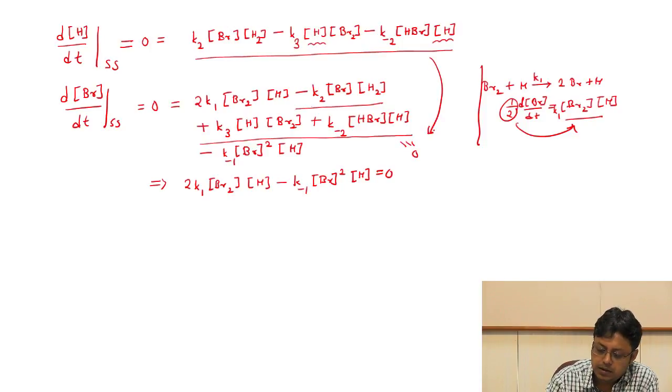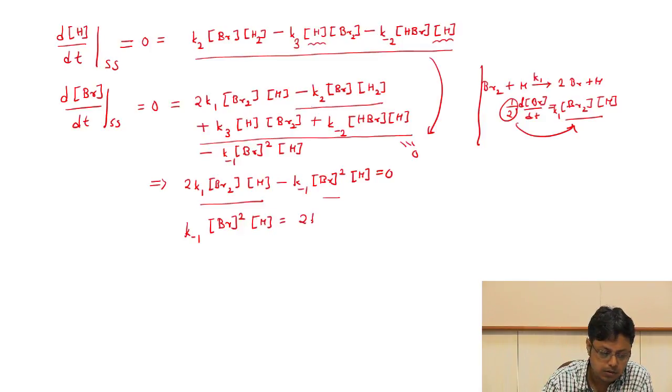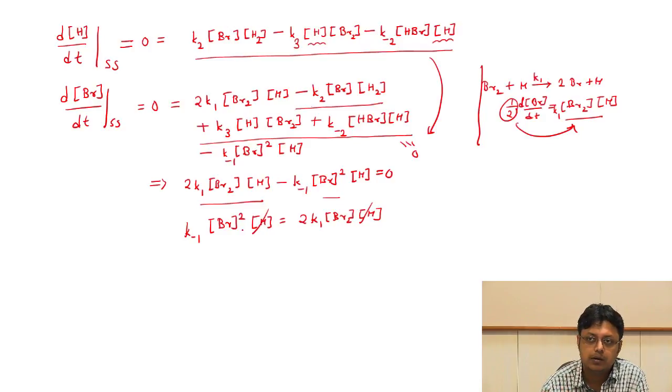Now you can simplify it and get the expression for bromine. Put this term on the other side, and you can easily see that K minus 1 into Br squared into M is nothing but 2K1 Br2 into M. This M now cancels, which is why we wrote it as M, because it will not appear in the rate equation.